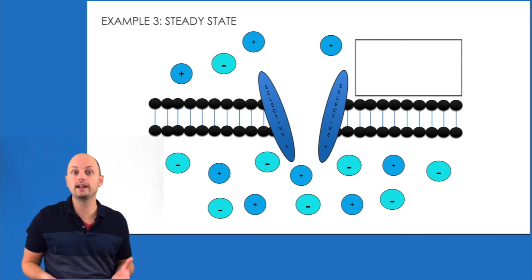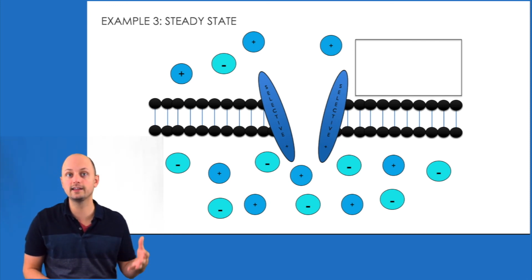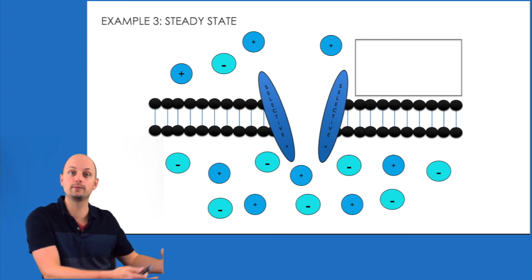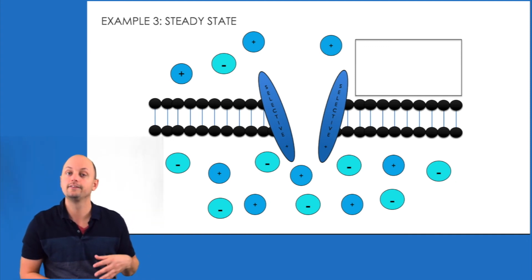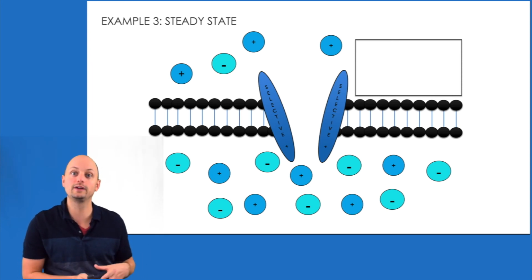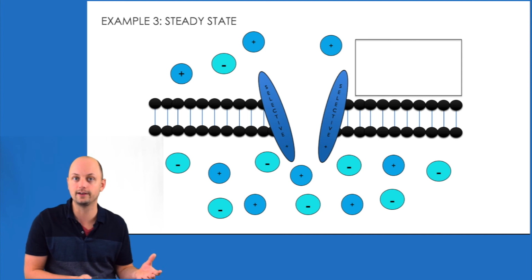Now, one thing to point out is that the repulsive forces acting on the negative charges are attempting to push them away from the negatively charged intracellular environment. And similarly, there's electrostatic attraction between the negative charges inside the cell and the positive charges that are outside.